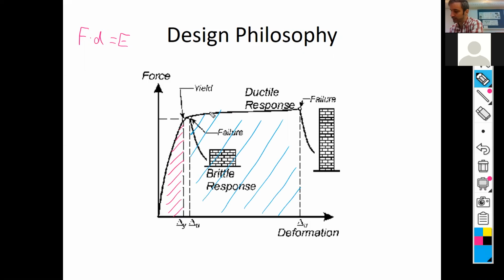Because the structure is already plasticized. But the ground shaking in an earthquake is inputting energy into the system, making it shake more and more. The plastic energy, however, is not input into the system. All the plastic energy is dissipated as heat.